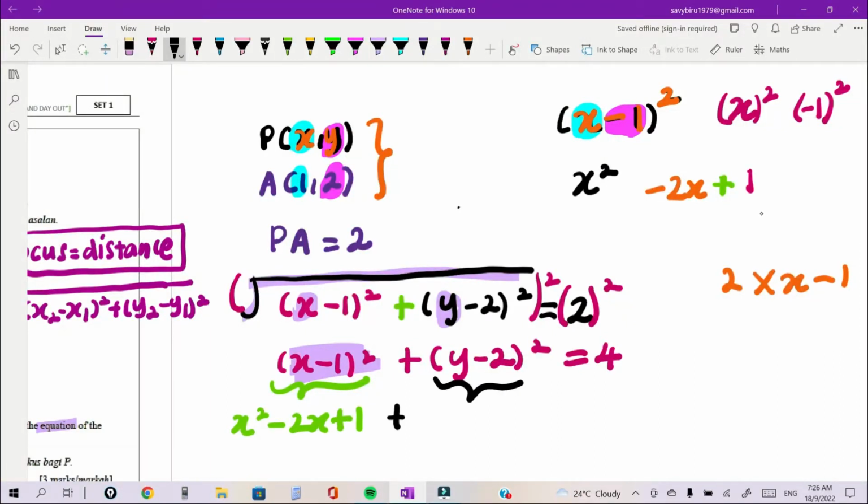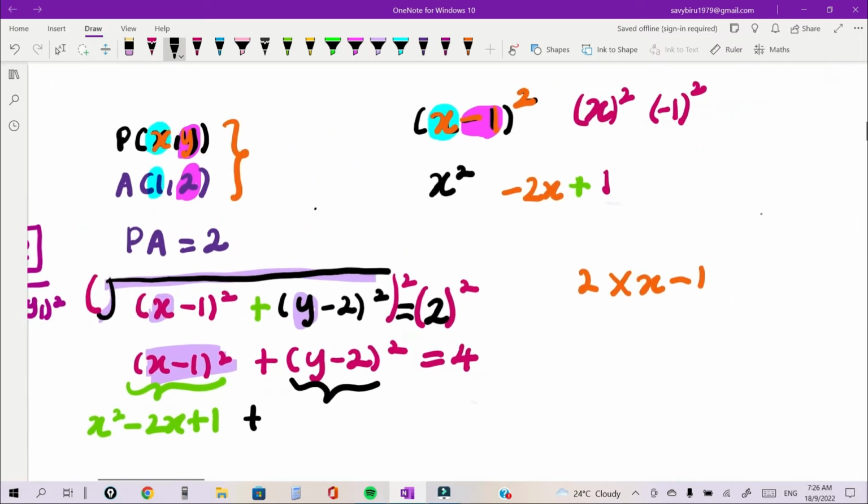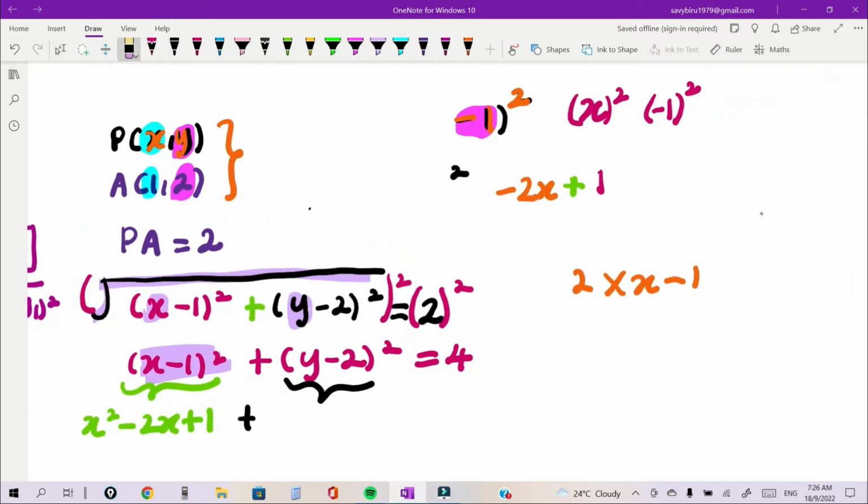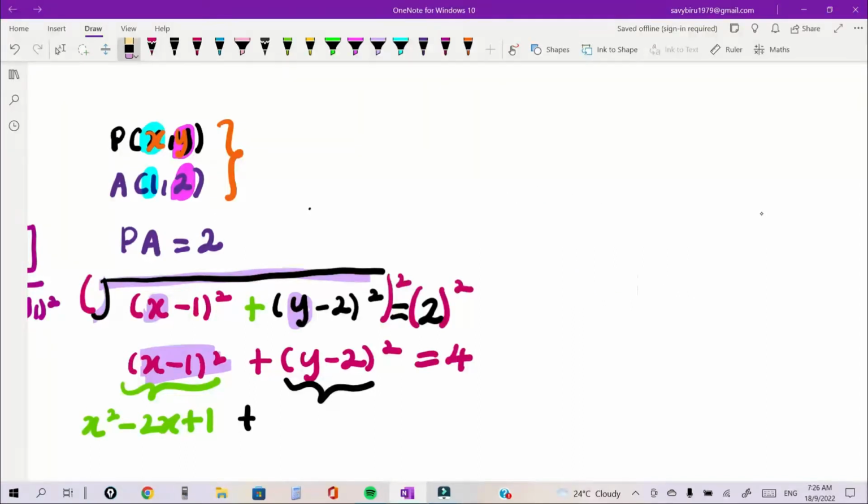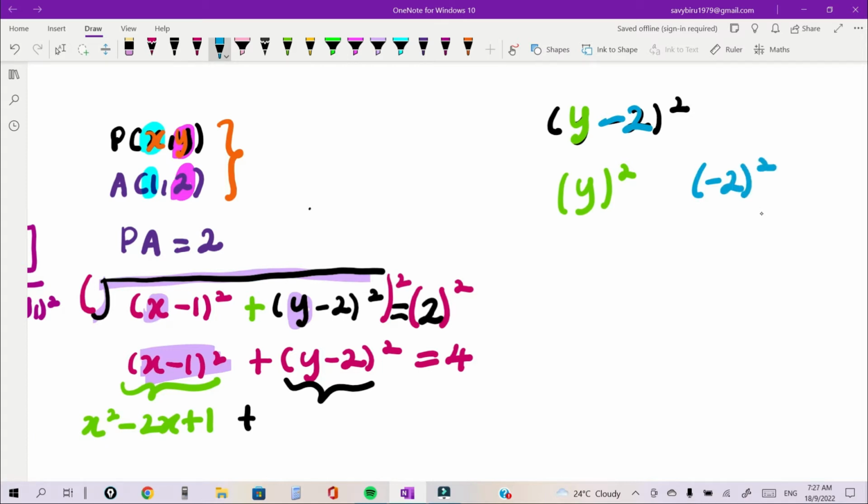Next, let's expand y minus 2 squared. You have y, square it, you have negative 2, square it. After you square the y, it becomes y squared. You square negative 2, becomes 4.